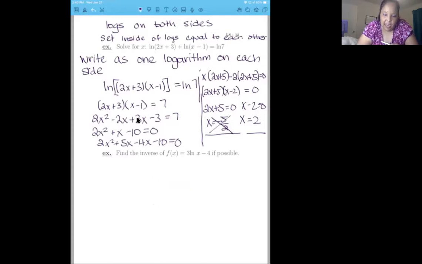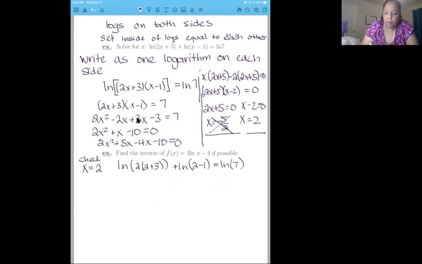Now let's go ahead and check x equals 2. So I have natural log of 2 times 2 plus 3 plus natural log of 2 minus 1 equals natural log of 7. All right, well, natural log of 2 minus 1 is the same thing as natural log of 1, and we know natural log of 1 is 0.